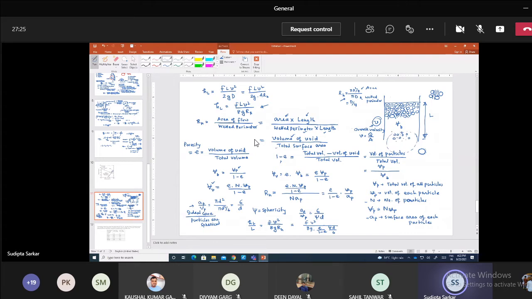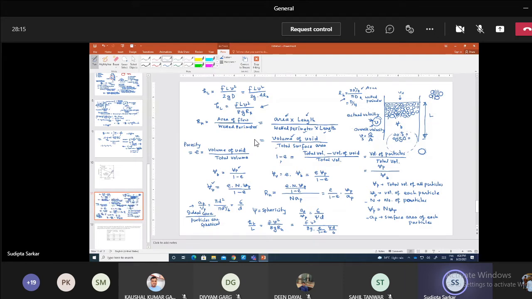So Vs is the overall velocity, which is the superficial velocity, Q by A. But what is the actual velocity? The actual velocity is the velocity through the pores. As we understand, the velocity through the pores is much greater than the overall velocity.